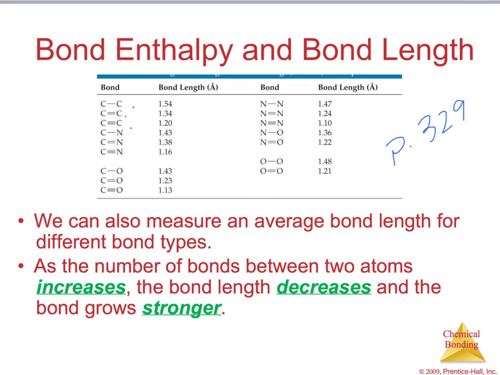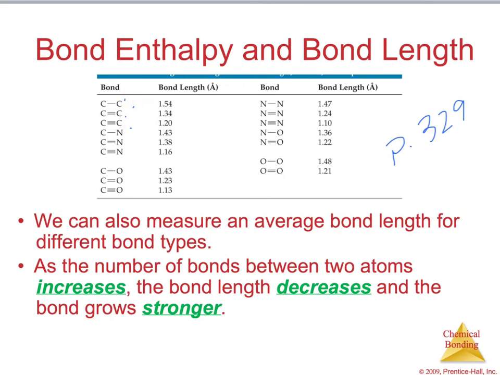Now the shorter the bond is, the more that the enthalpy is going to increase. Also, the shorter the bond, the stronger the bond. So if you notice, our single bonds are longer than our triple bonds based on the numbers here, which tells us that our triple bond is going to be stronger than our single bond.